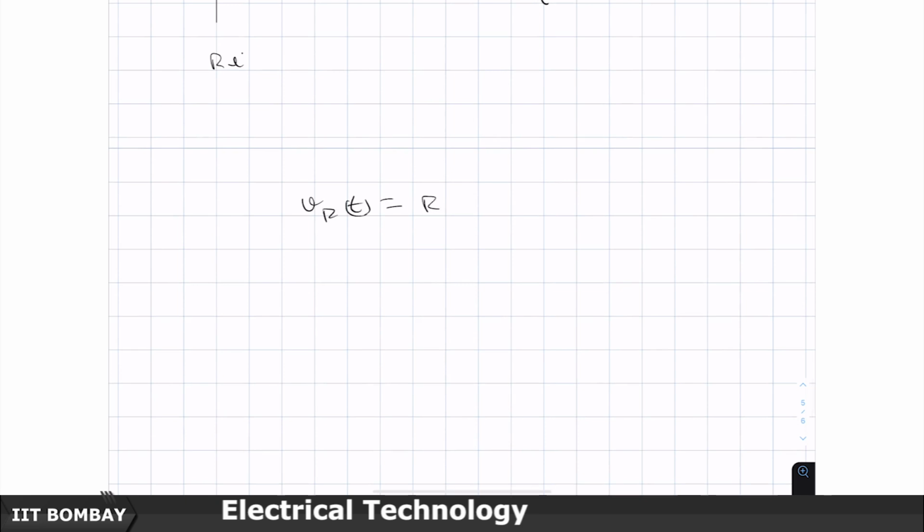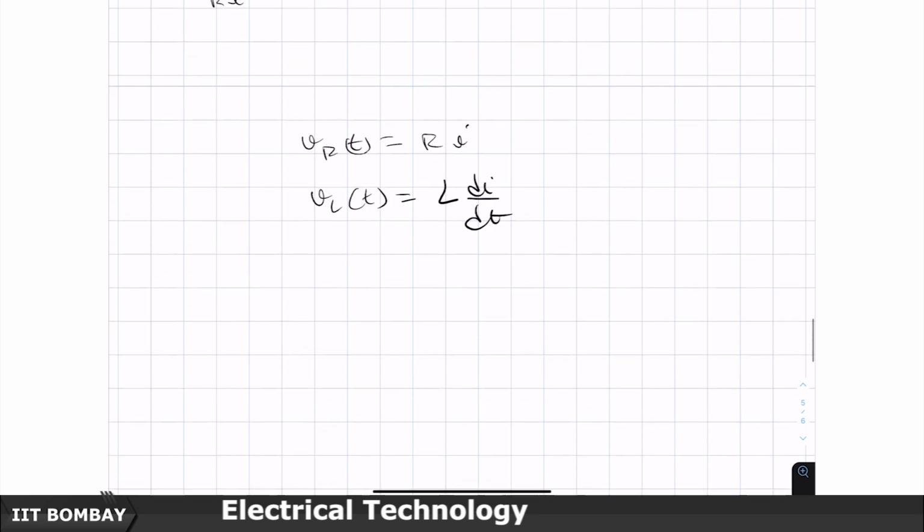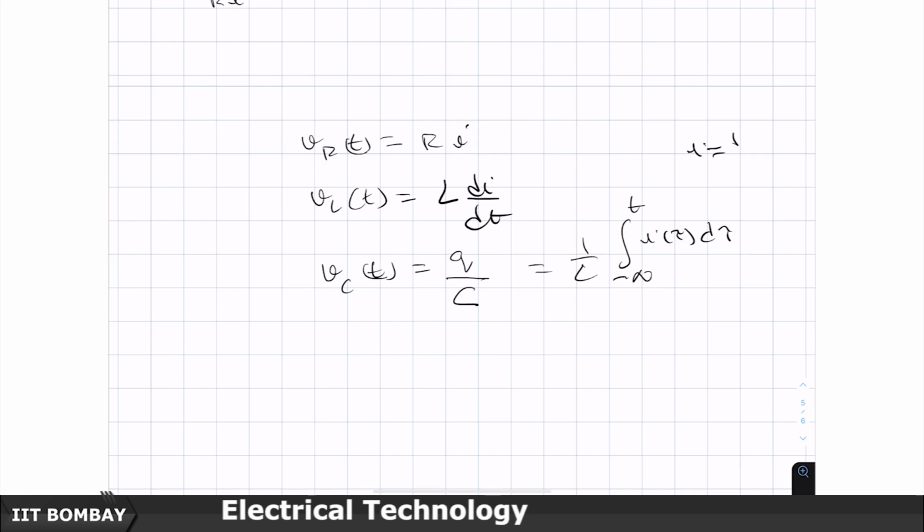Now, VR of t is R times I. VL of t is nothing but L di by dt, this also we know, and VC of t is the charge on the capacitor divided by its capacitance. The charge on the capacitor at time t is found by integrating the current, because I is dq by dt.